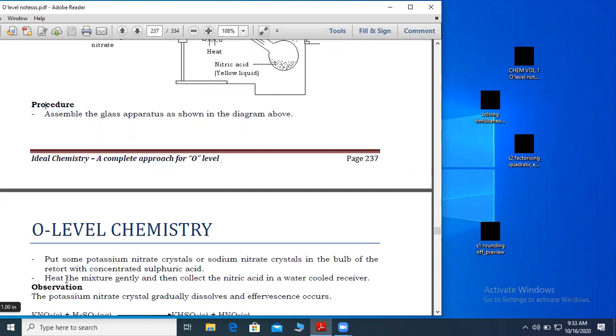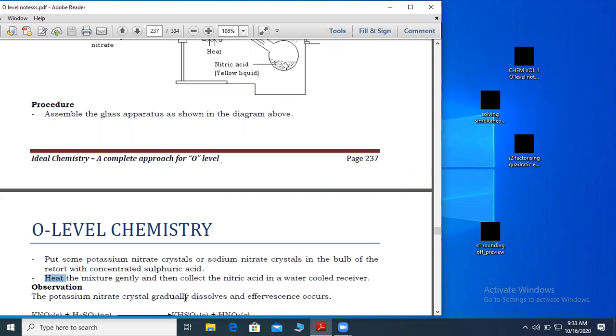Then heat the mixture gently and then collect nitric acid in a water-cooled reservoir. So what is important here, you have to heat. Then you need to know the substances that react together, potassium nitrate and sulfuric acid.